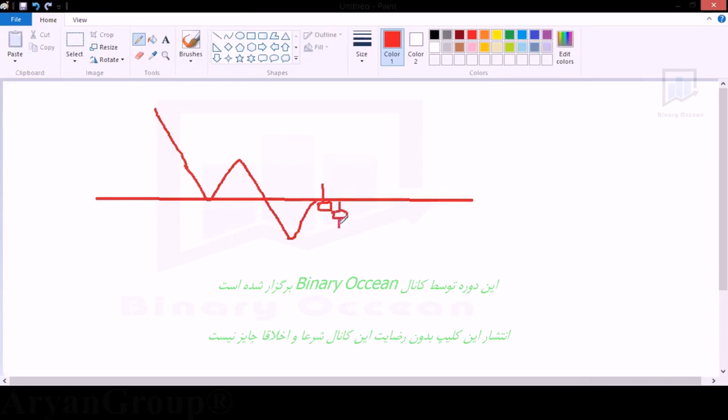The candle closing point must be below the previous candle closing point. If the candle closing point is below the previous closing point, then we can enter here.